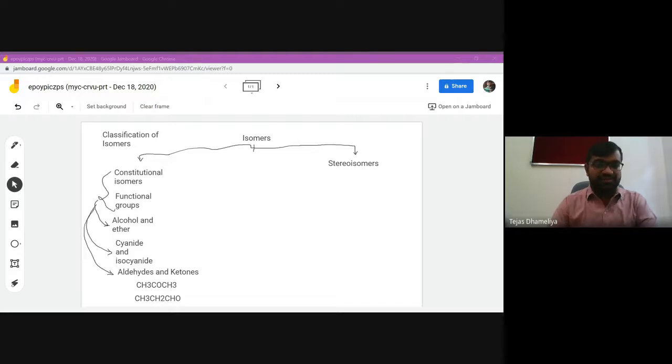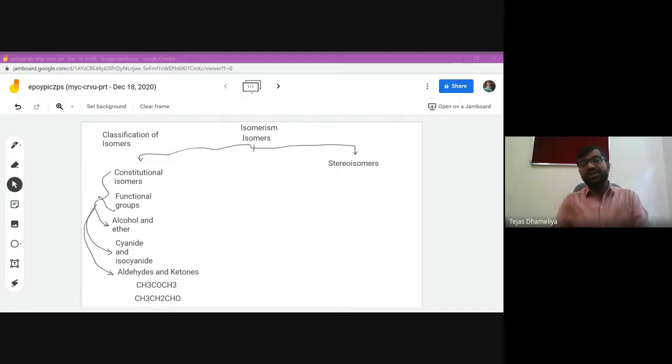And the occurrence of isomers is called isomerism, the phenomenon, the process, the occurrence. These molecules can exist in the form of isomers, so that is called isomerism. But isomers are molecular structures having the same molecular formula and molecular weight, but different chemical structures.